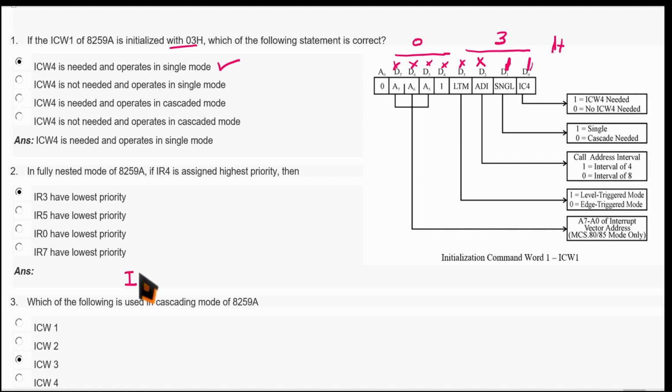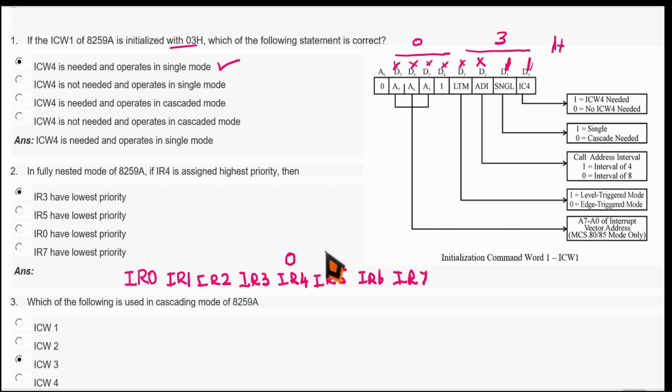There are totally 8 interrupts and they are marked as IR0, IR1, up to IR7. Now, IR4 is assigned the highest priority. That means it is marked as 0. Then the priority for other interrupts will be assigned like this.